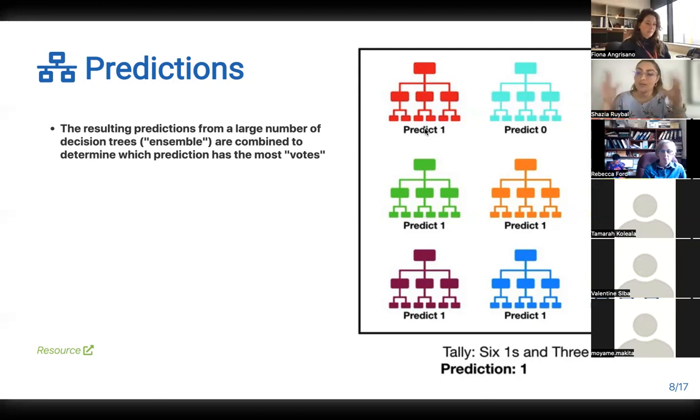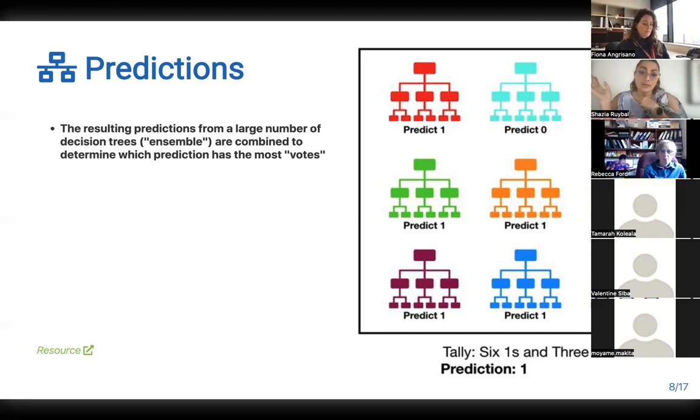So let's just say that this is positive and negative, 1 being positive. We have 6 votes or 6 predictions for a positive result, and 3 zeros. So because the 0 was outvoted, the final prediction is yes, this is positive.